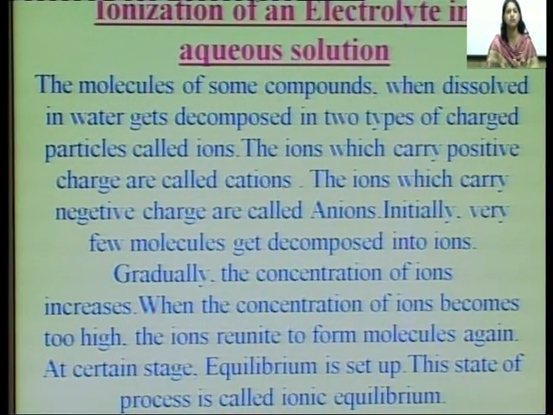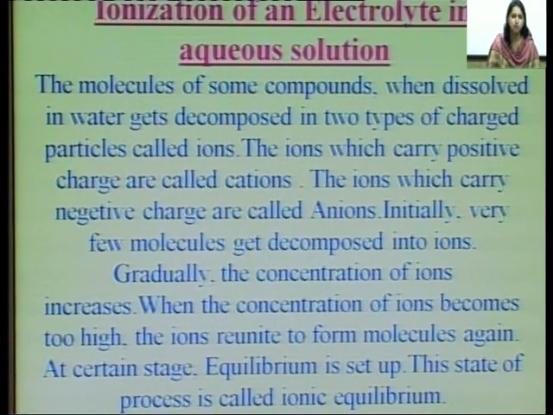They get decomposed into two types of charged particles, and these charged particles are called ions. The ions which carry positive charge are called cations, while the ions which carry negative charge are called anions.